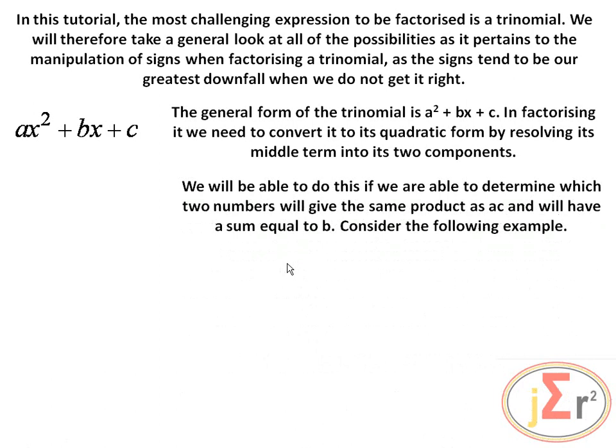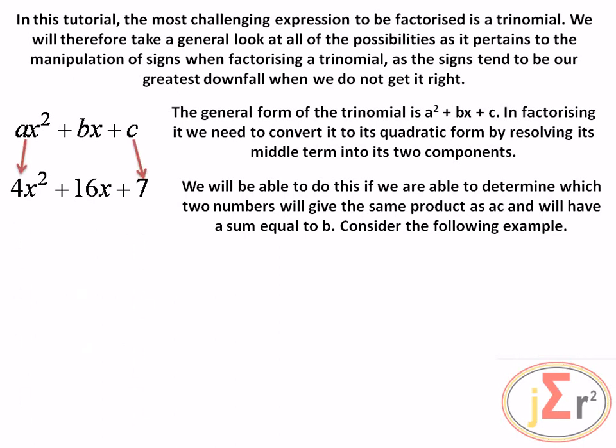We will be able to do this if we are able to determine which two numbers will give the same product as AC and will have a sum equal to B. And we will do that by taking a look at a particular example.